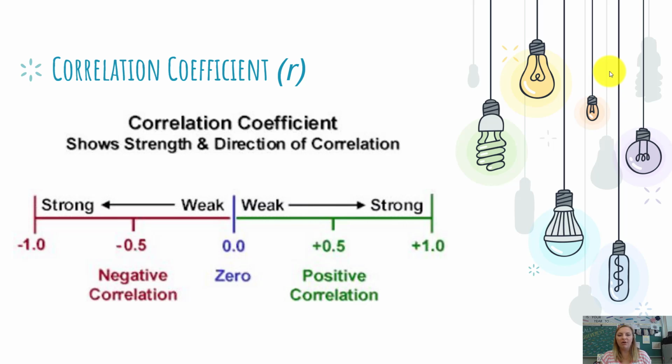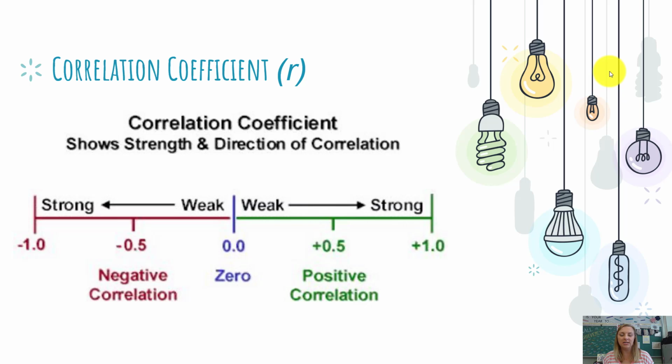So our correlation coefficient can be anywhere from -1 to +1. And this value is going to have two different parts. The first part is the plus or the minus, right? The positive or the negative. And the positive and the negative tell us the direction. Positive tells us that it's a positive correlation, meaning that both variables increase or decrease at the same time.